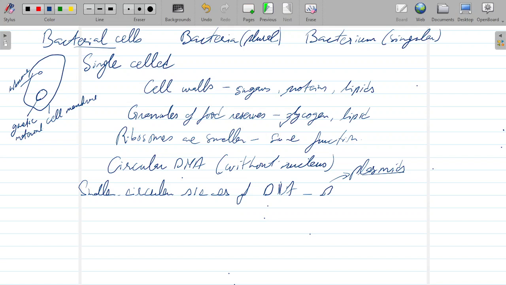There is no nucleus in the bacterial cell. The main DNA in bacterial cells is the circular DNA that I mentioned, and it's just there in the cytoplasm, without a nucleus, and it does its job. So the functions are controlling cell activities, cell development and cell division.